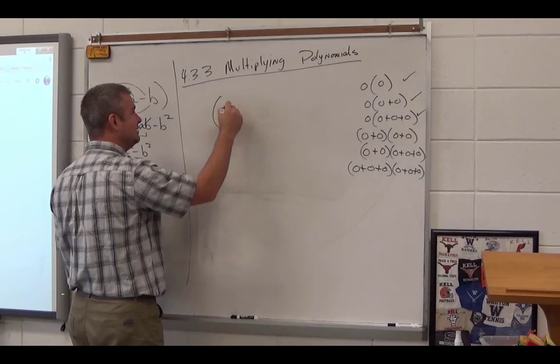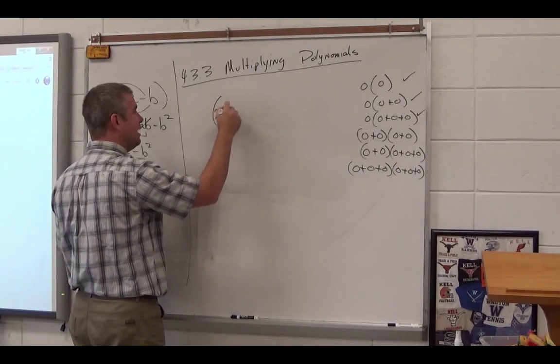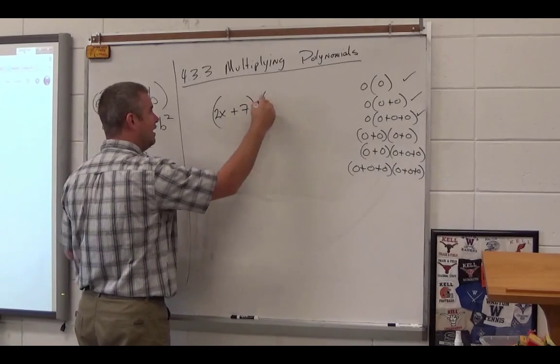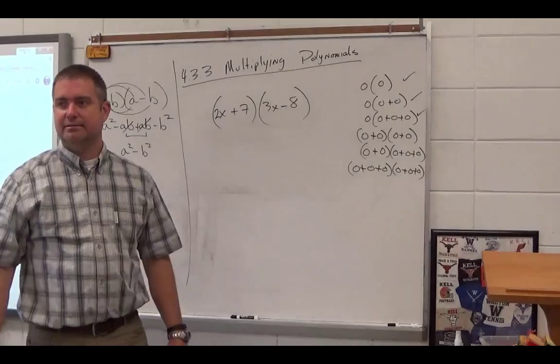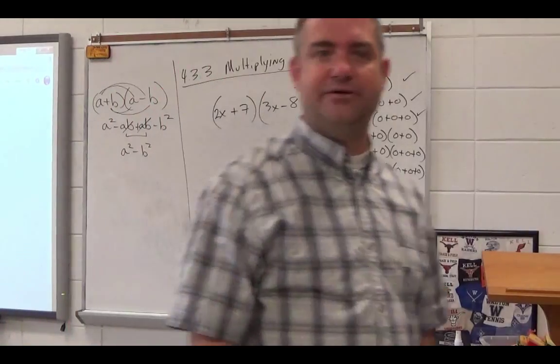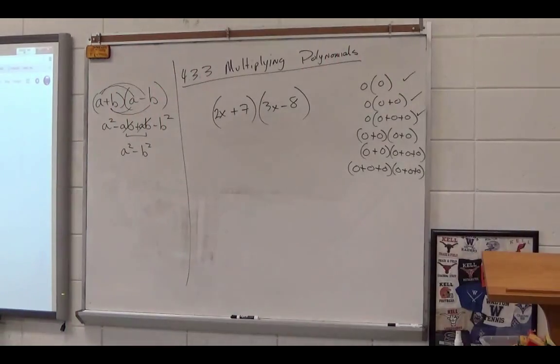2x plus 7 and then 3x minus 8. You can do this one, by times by, you're in good shape. Try this one now at your desk. What method are we using? Distributive method.